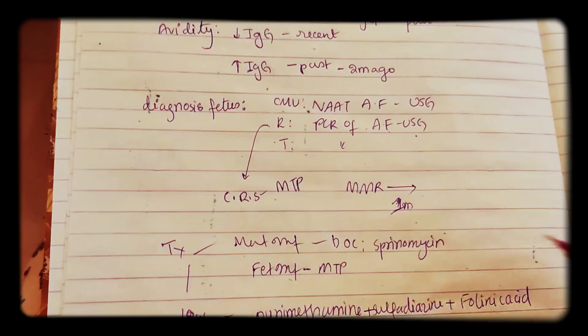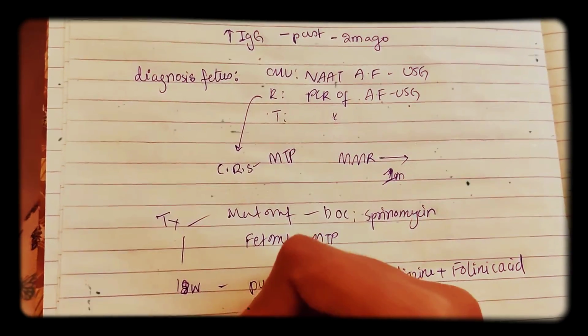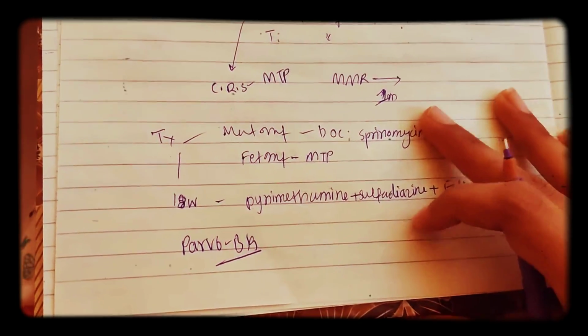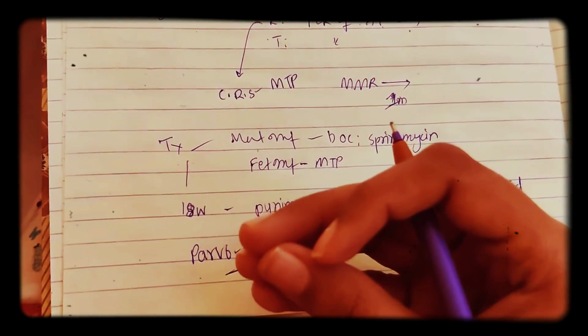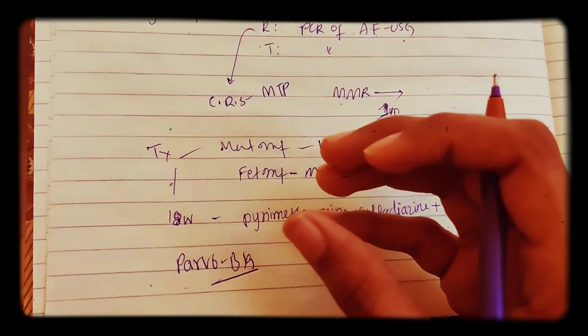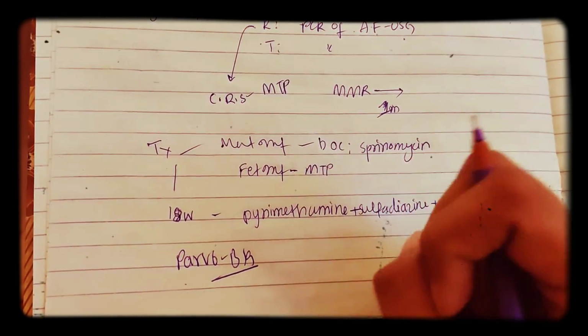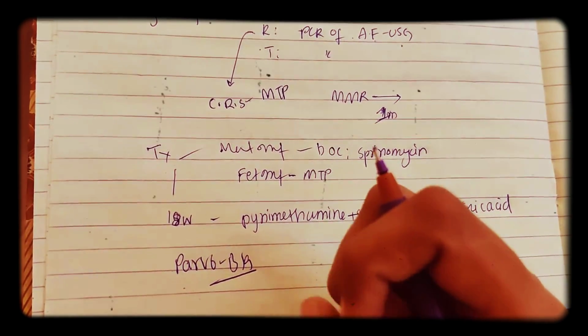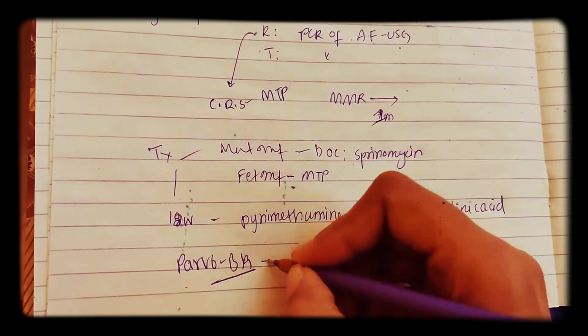Now coming to parvovirus B19. Parvo is a DNA virus. It mainly happens in a woman who is working in close relation with children, like in daycare centers. The problem is the erythroblast precursors; this virus attacks erythroblast precursors and causes fifth disease.